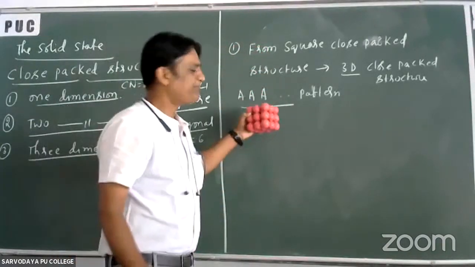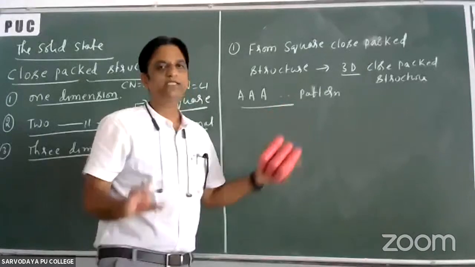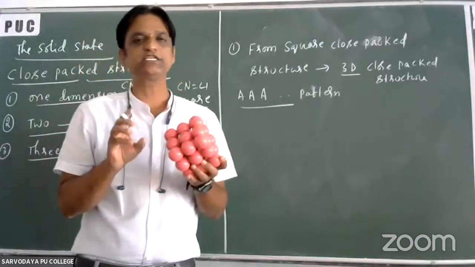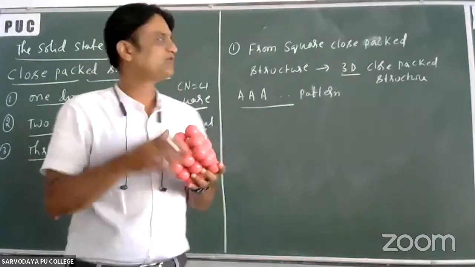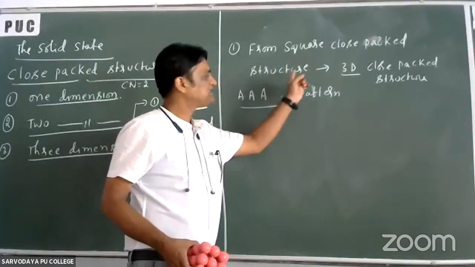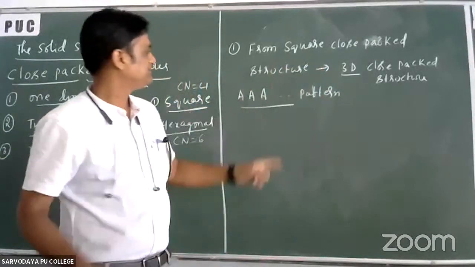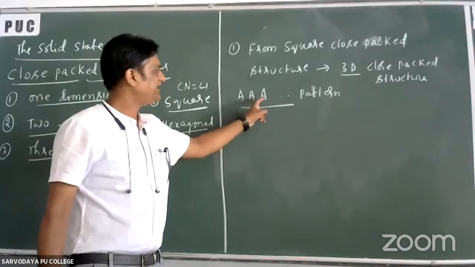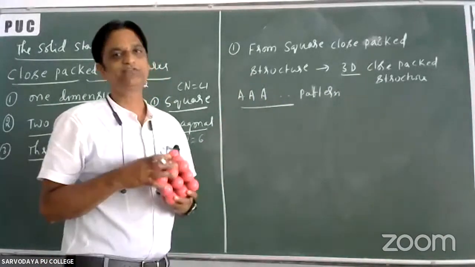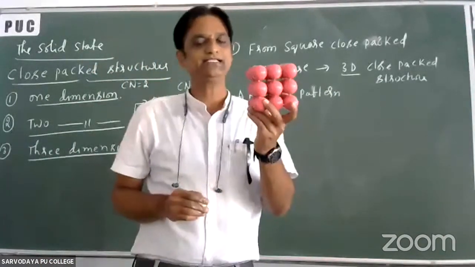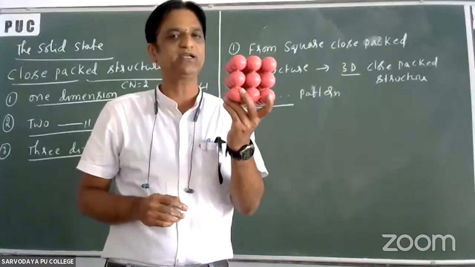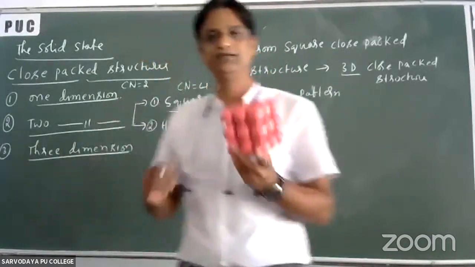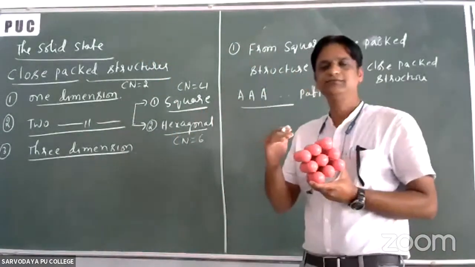That's why the pattern obtained with respect to close packed structure in three dimension from square close packed structure in two dimension is called AAA type of pattern.